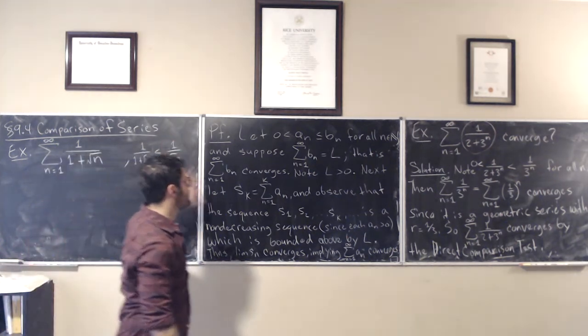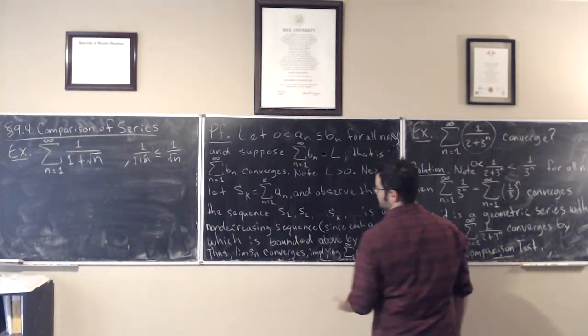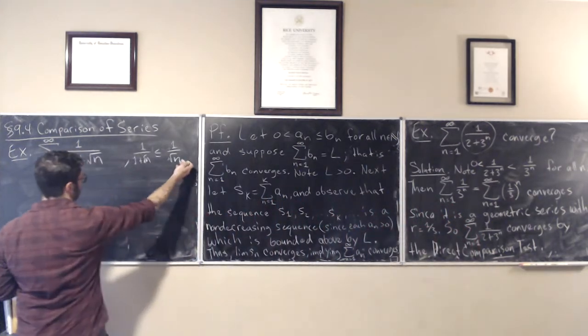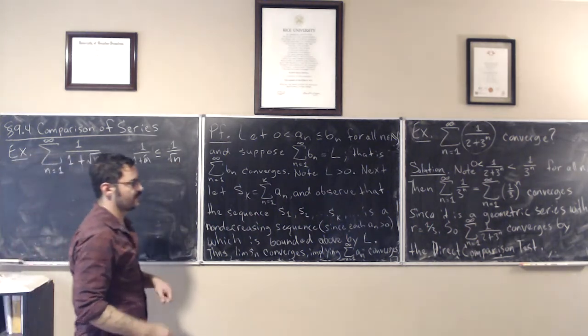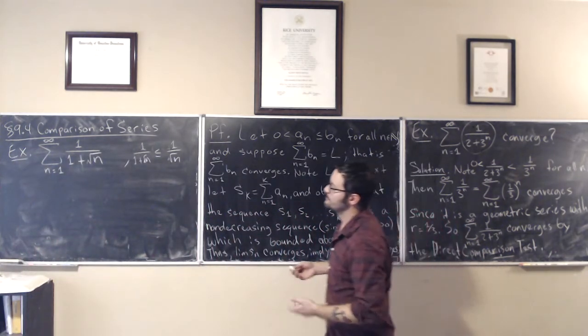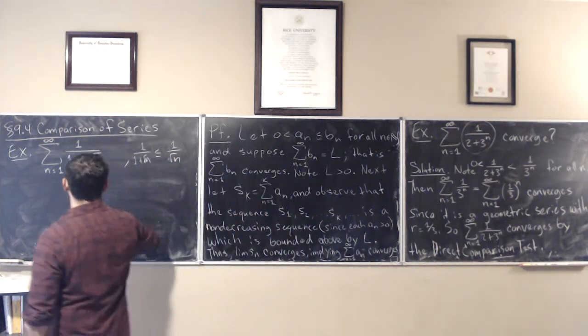Now, if we looked at a series with that, we couldn't say anything using the direct comparison test, because that would diverge. If the larger terms have a series that diverges, that doesn't give us any information. But what about if we look at something that's smaller, right?